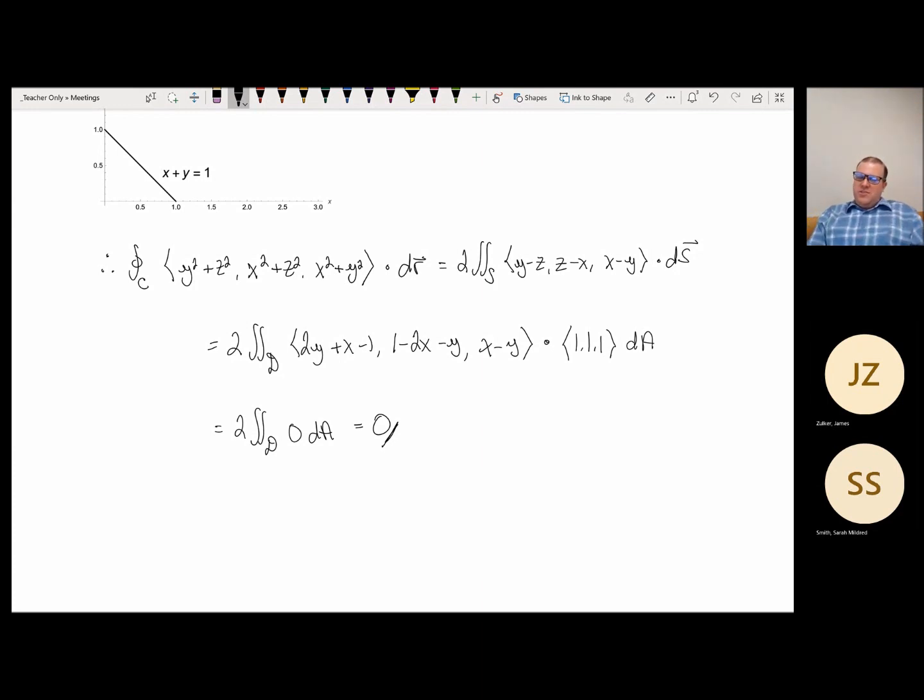Just because circulation is 0 does not mean it is conservative. The inverse is also not true. The inverse says non-conservative vector fields have non-zero circulation, which is not true. Which in this case sucks because we just did all that work for no reason.